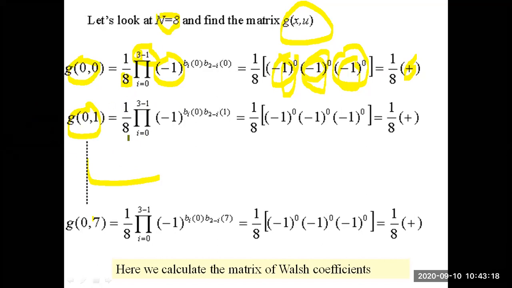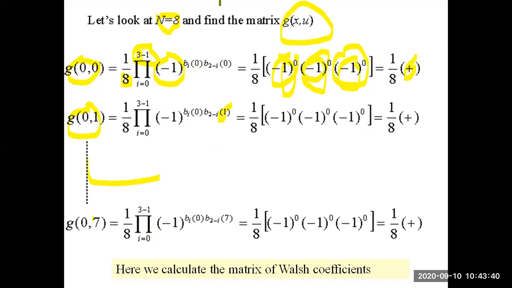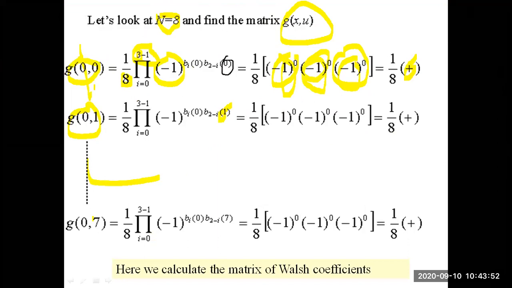Calculate again for 1 by 8, i equal to 0 to 3 minus 1, minus 1 whole power, with the u value changed. The first value is 0 and the second value is 1.